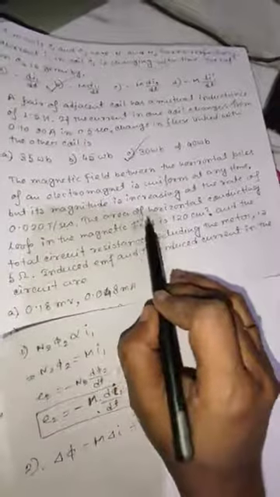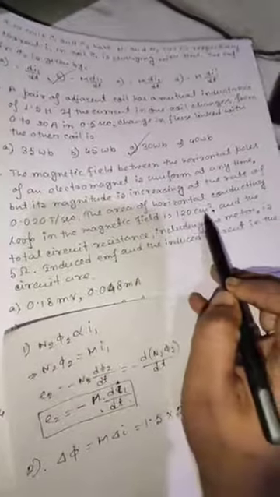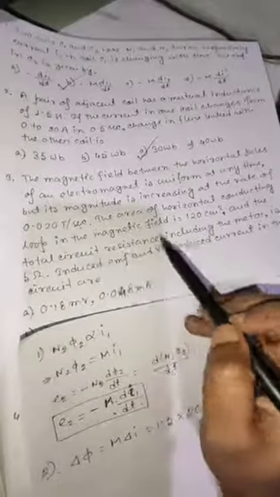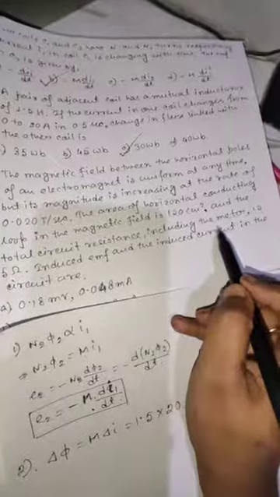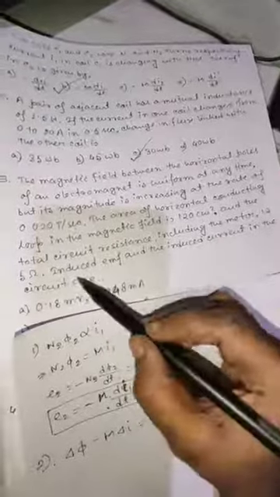The area of the horizontal conducting loop in the magnetic field is 120 centimeter square, and the total circuit resistance including the meter is 5 ohm. Now the induced EMF and the induced current in the circuit are, so again there are four options.